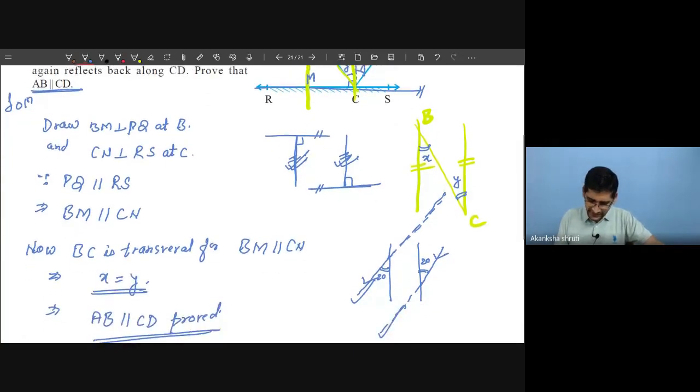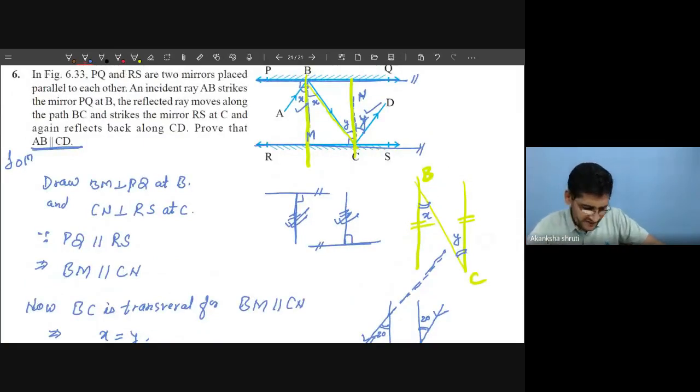Why have we written it this way? In this case, students, you can see the other way also. When this X is equal to Y, now I shall consider it like this. This is our X, this is our Y, and this is the transversal. Are you getting it? Or if 2X is equal to 2Y, then this angle is equal to this angle.